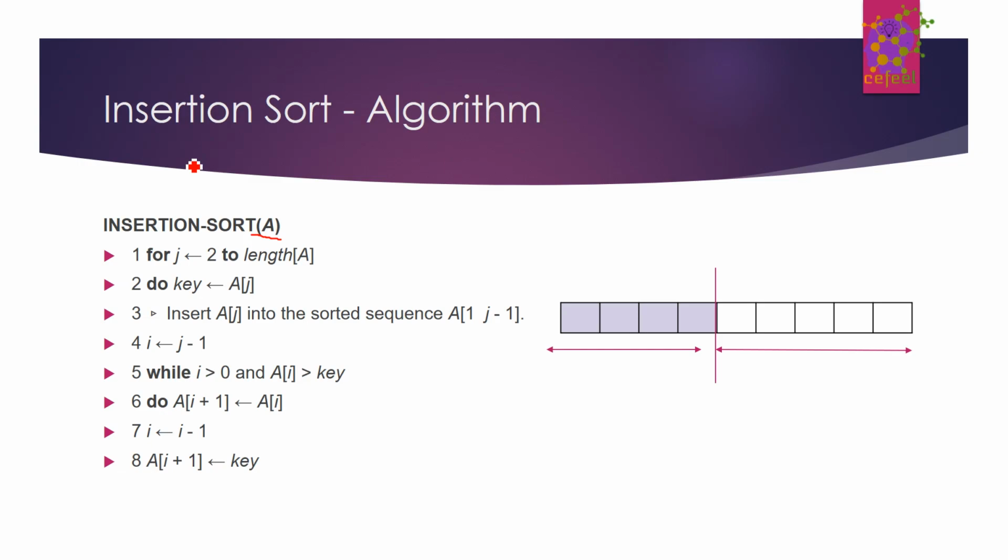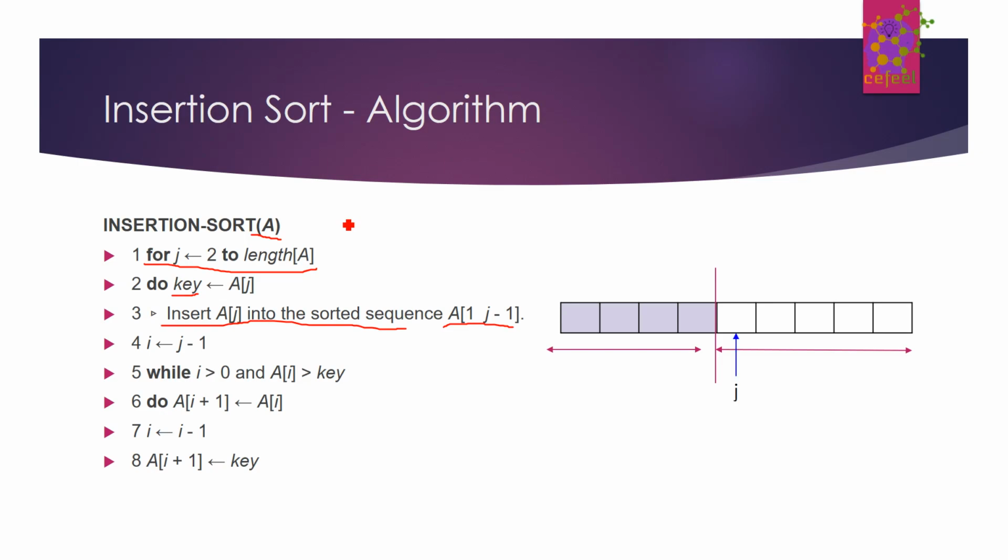The first step is to start from j equals 2 to the length of the array, which means we essentially go from the second element to the last element. Then we assign key to A[j], which means we pick the first item from the unsorted part and insert it into the sorted sequence, A[1] to A[j-1].